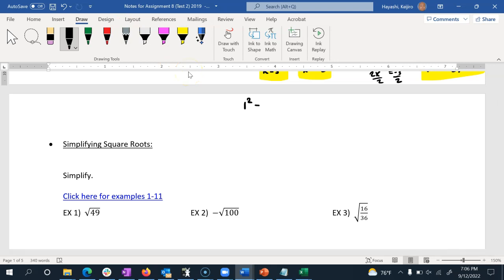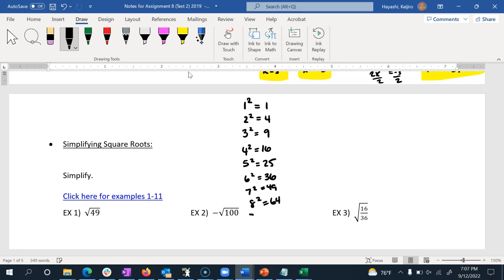And just a reminder that squaring something is multiplying something by itself. 2 squared is 4, because 2 times 2 is 4. 3 squared is 9. 4 squared is 16. 5 squared is 25, right? 6 squared? 36. 7 squared? 49. 8 squared?